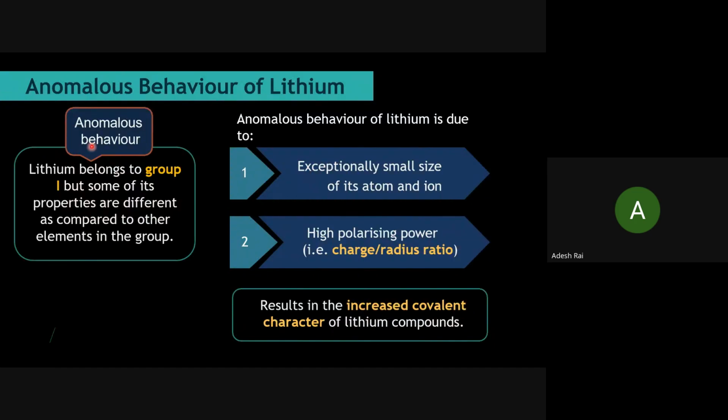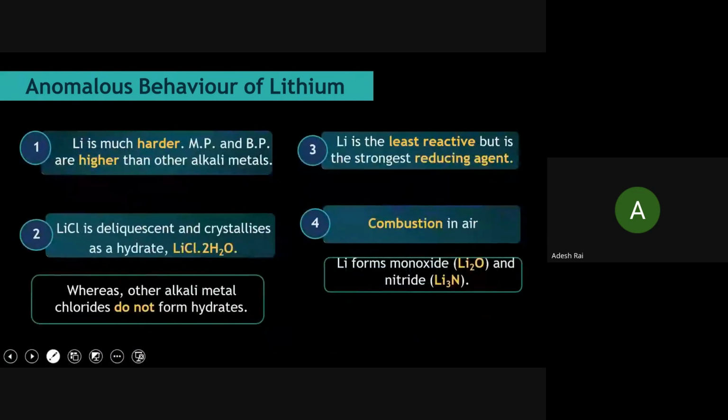Now, what are those exceptional behaviors and why do they occur? Because the size of the lithium atom and ion is very small, and because of small size, they have high polarizing power. High polarizing power means they are covalent in nature, which results in increased covalent character of lithium compounds. Is that clear? Lithium is much harder.